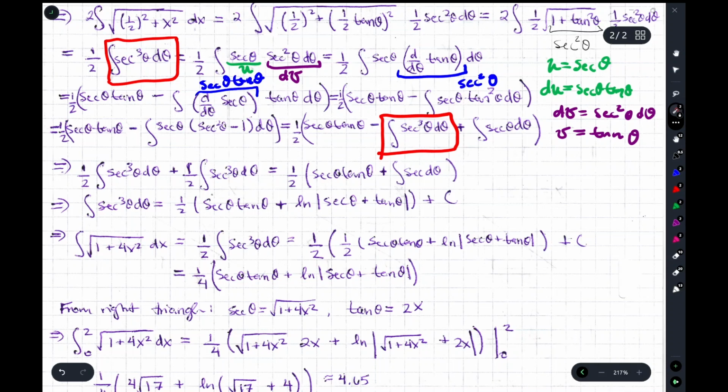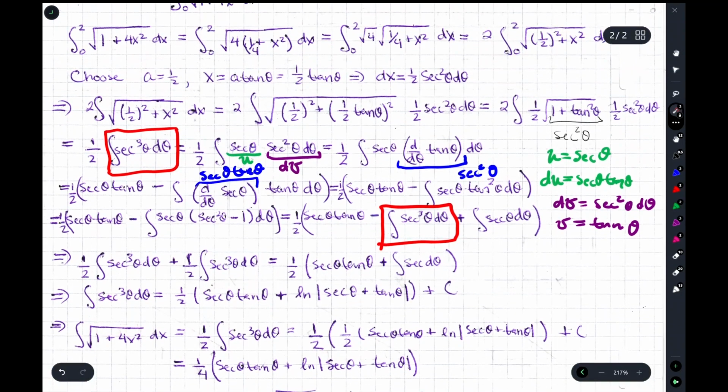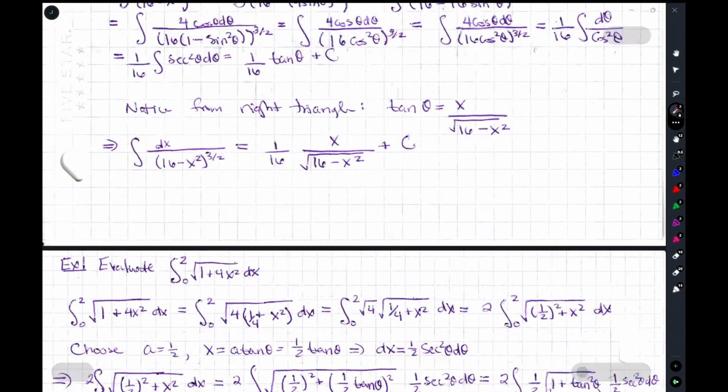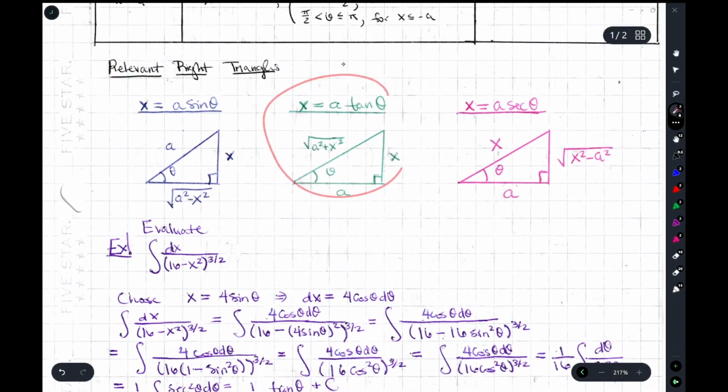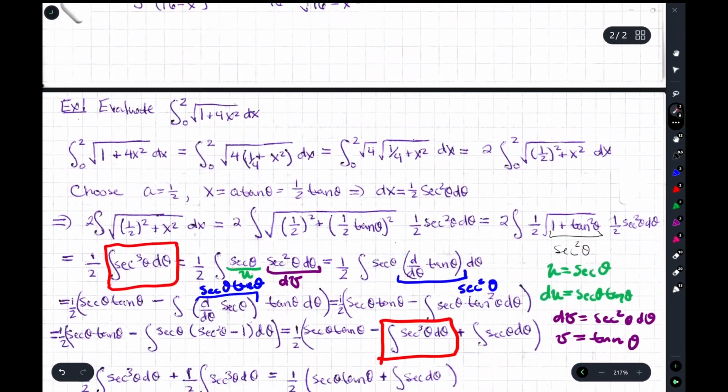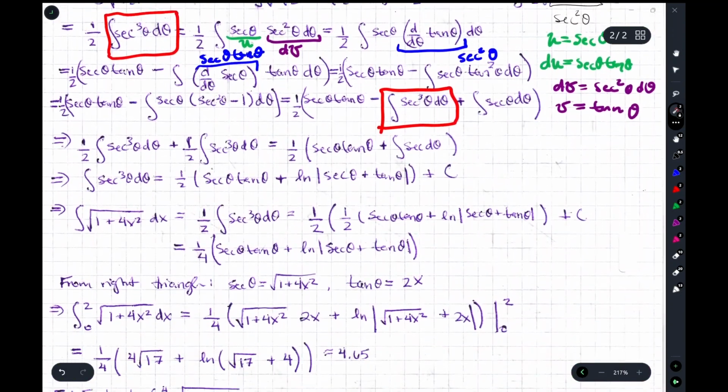Now, what do we do? Well, we can't stop here because we do need our integral in terms of x now. So we look at the triangle that we used, which was this. For example, cosine theta is adjacent over hypotenuse, which means secant is hypotenuse over adjacent.